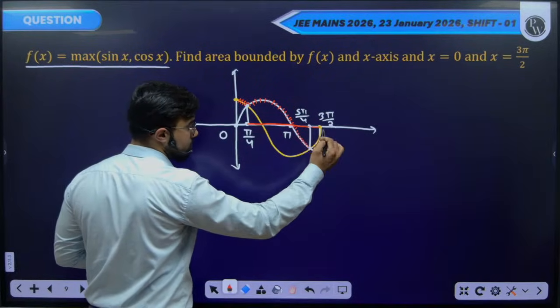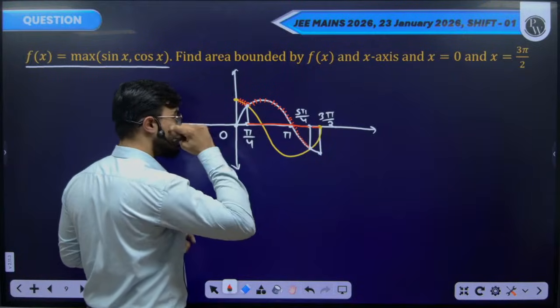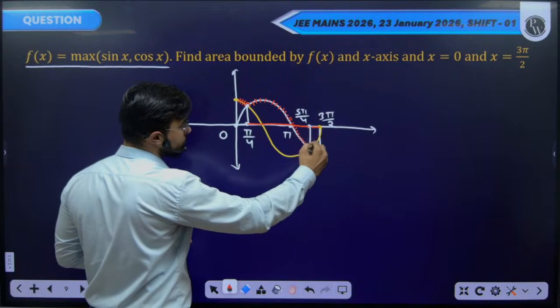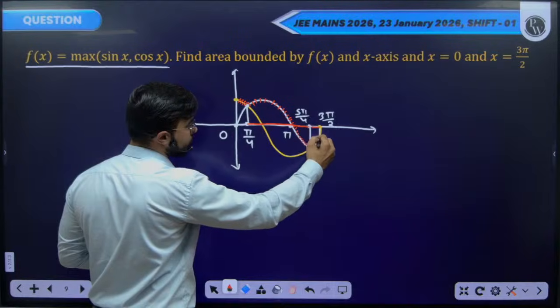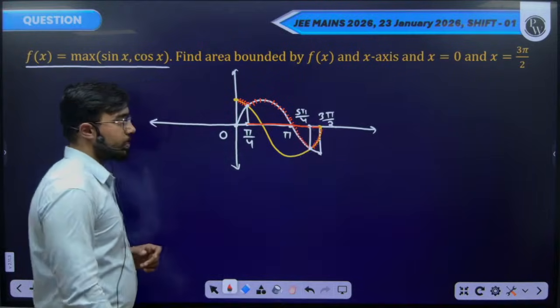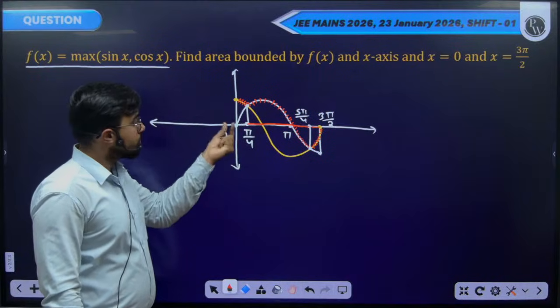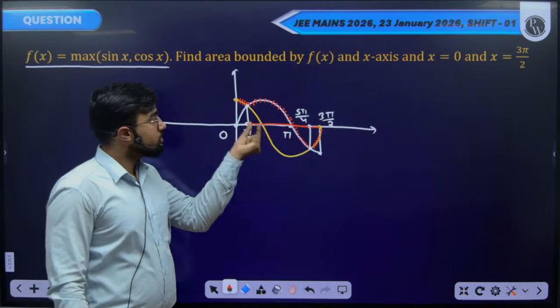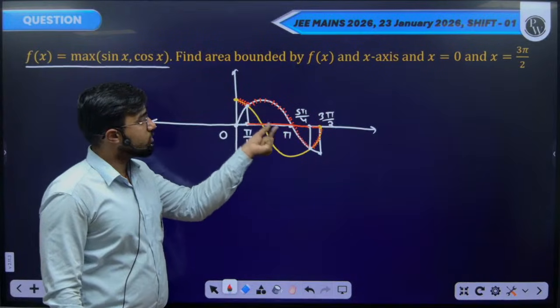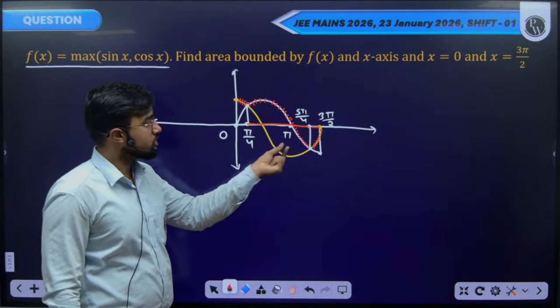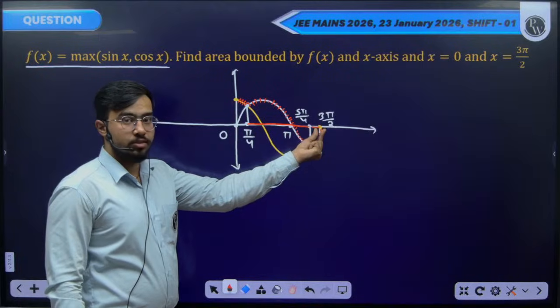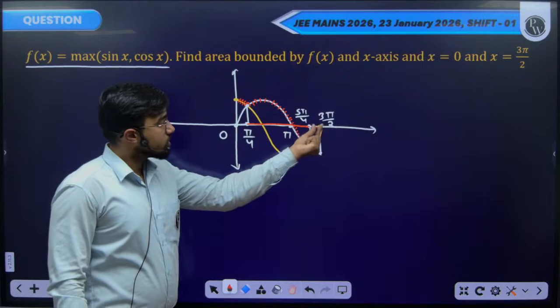The yellow part, you can see, right? For 0 to pi by 4, cos x is maximum. For pi by 4 to 5 pi by 4, sin x is maximum. The white curve is for sin x, the yellow curve is for cos x. For 5 pi by 4 to 3 pi by 2, the cos x graph is maximum.